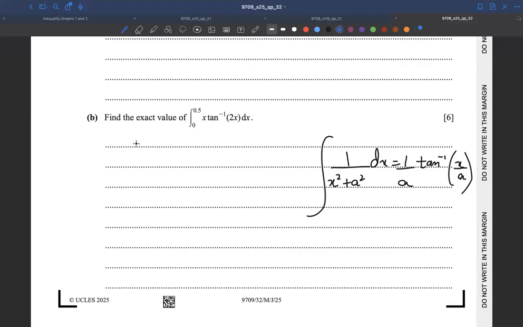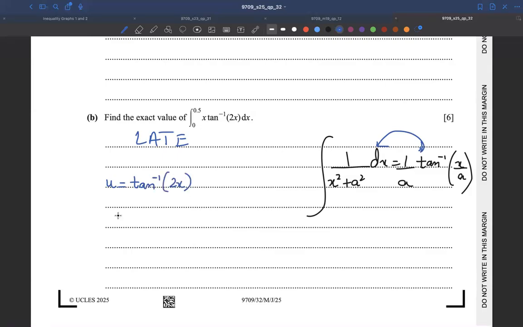So even though we use LATE, where the algebraic function is taken as u, as we know the derivative of the tan inverse function, we'll take this as u. So u would be taken as tan inverse of 2x.